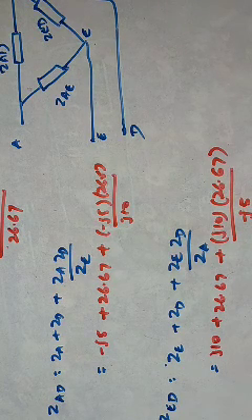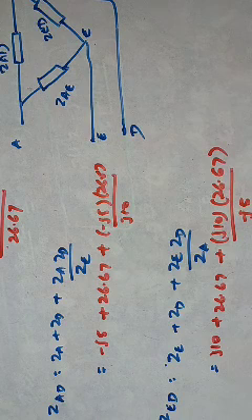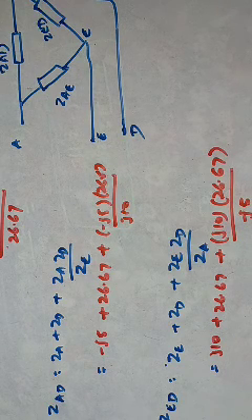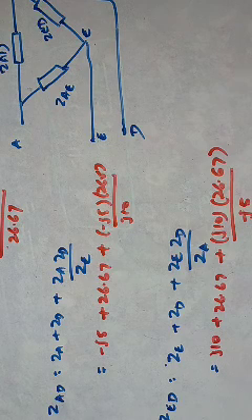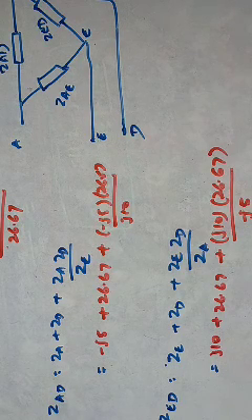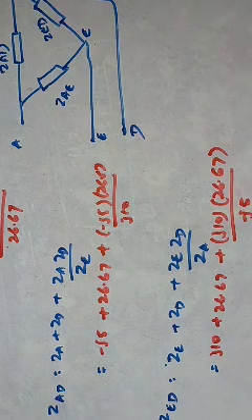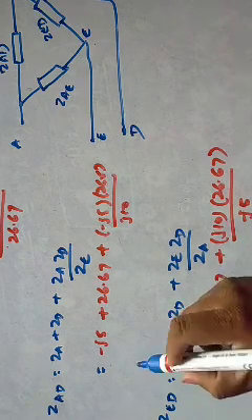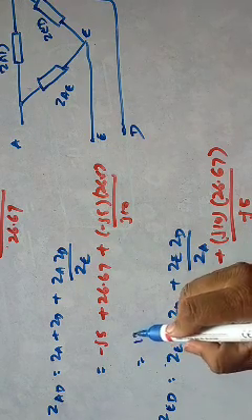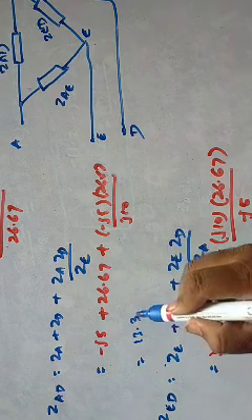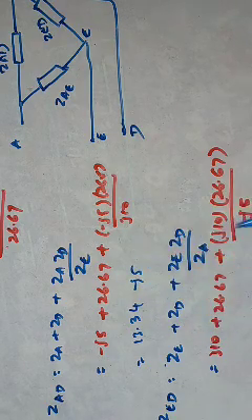Using the calculator, we have the answers. ZAD is equal to 13.34 minus J5.